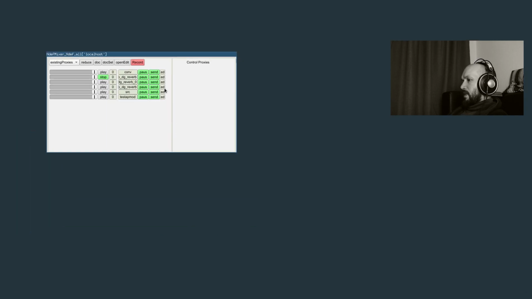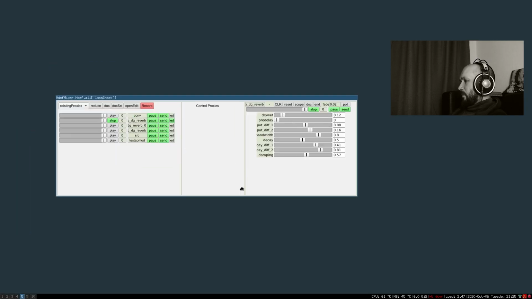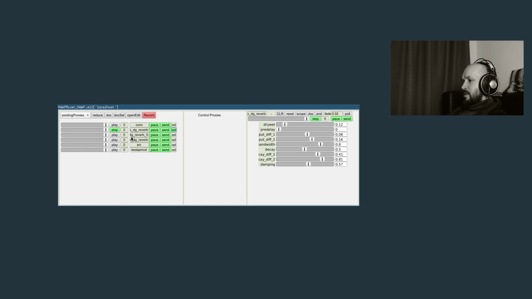Okay, so we have this guy. This is the SuperCollider unit generator based one.